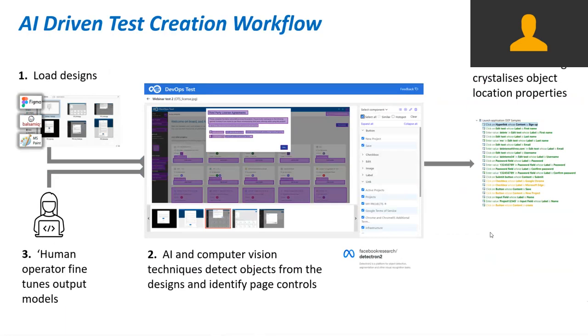And so, from a user perspective, what we need to think about doing to use this feature is, first of all, accessing designs. And we'll come on to talk about what those designs can look like in a second. And loading those designs into the application, we then employ computer vision techniques, which involve all sorts of different layered techniques. We're using some research projects and some modules from Meta, or what was formerly called Facebook, Detectron 2.